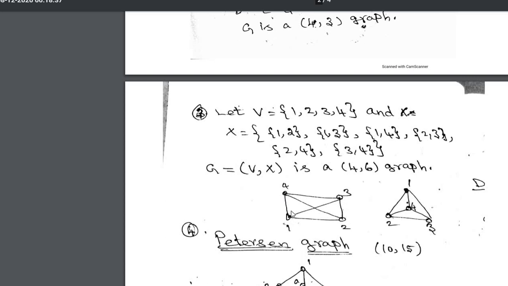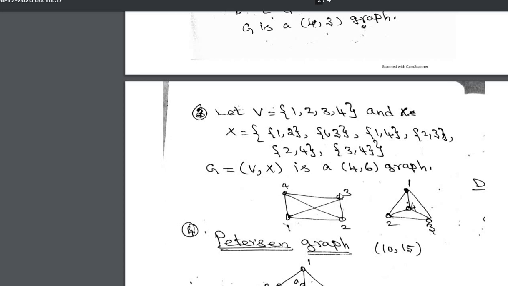So all the distinct vertices are adjacent to each other. Now count the number of vertices and edges. The number of vertices is 4, and the number of edges is 1, 2, 3, 4, 5, 6. So 6 edges and 4 vertices.